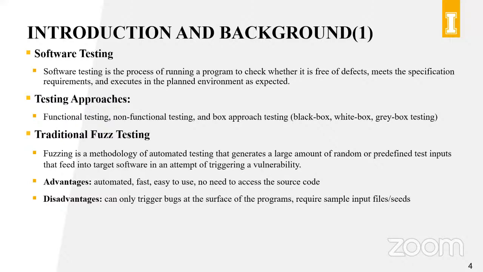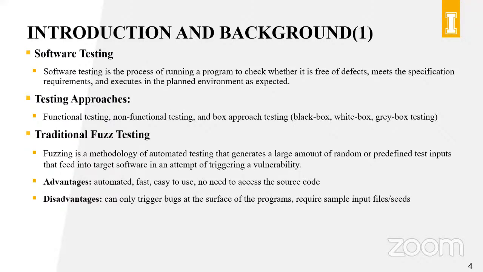We also have the traditional fuzz testing, which is fuzzing. Fuzzing is a methodology of automated testing that generates a large amount of random or predefined test inputs and feeds them into the target software in an attempt to trigger a vulnerability, which is a security issue or weakness in a program or software.